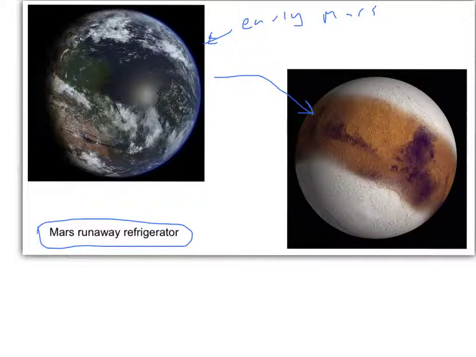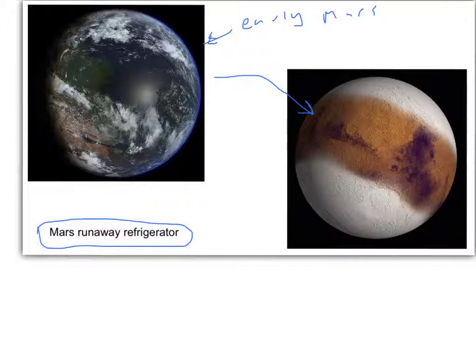To some extent, this might look a little bit like the Snowball Earth, but really it is a different kind of phenomenon. For reasons we'll talk about later, Mars probably began to lose its atmosphere to space with the loss of its magnetic field.